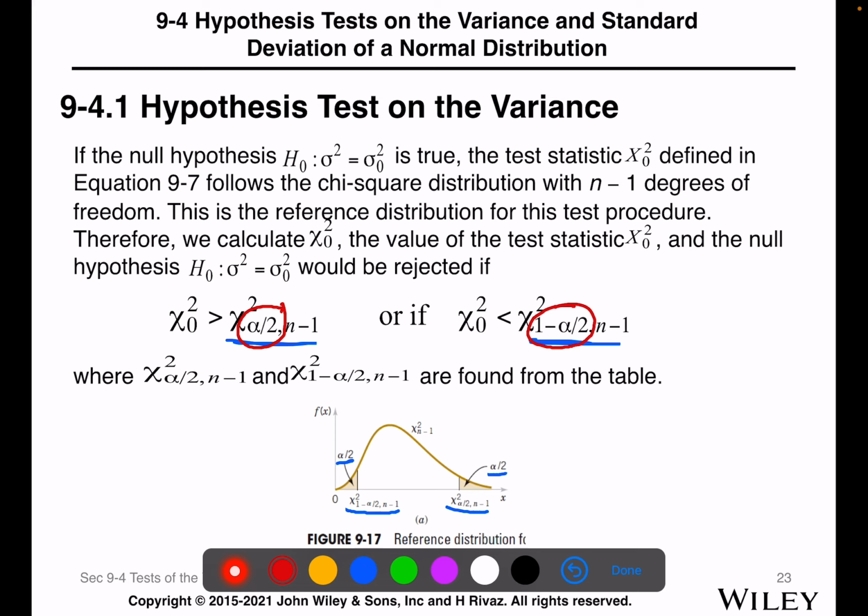For example, the nice thing about the t distribution is that t of alpha divided by 2 and n minus 1 is equal to the negative of the other. For the t distribution, if this is 0 and these two are symmetric, this probability is always equal to this probability, right? So all we need is to compute one of them, the other one is the negative of the other one, right? But in this case, that's not the case. We actually have to look at the table for both this boundary and for the other boundary.